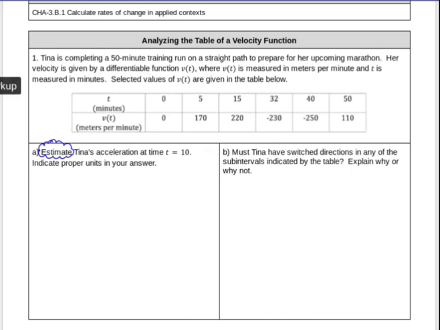So we need to focus in on something that's around 10, which means we're going to do between 5 and 15, which means we're going to say that the acceleration at 10 is approximately equal to the velocity at 15 minus the velocity at 5 all over 15 minus 5.